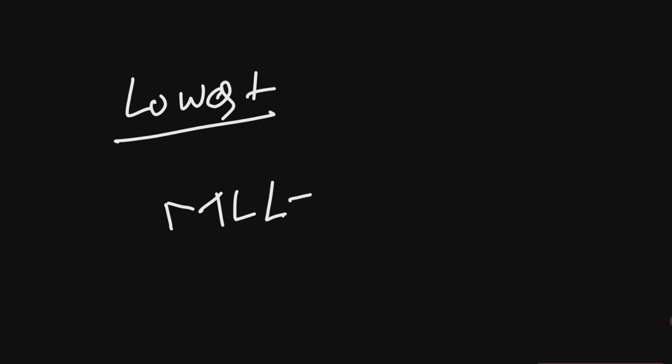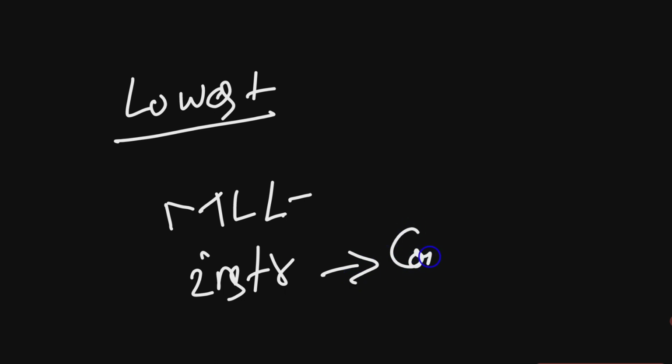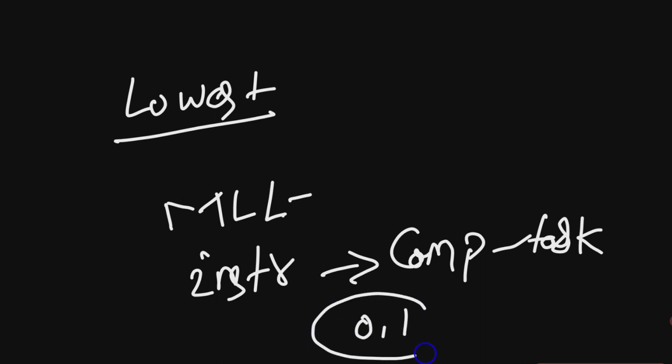If we give instructions to a computer to perform a task, we have to give the instructions in zeros and ones only, because a machine can understand only zeros and ones. I cannot write like this: add two numbers.